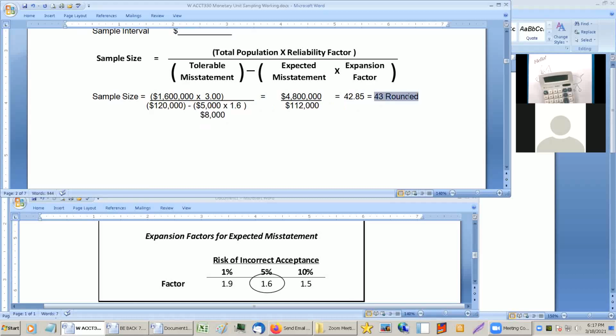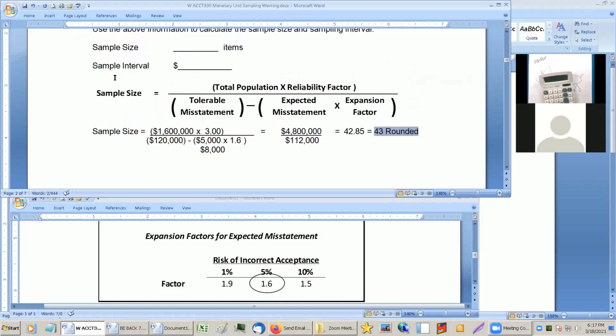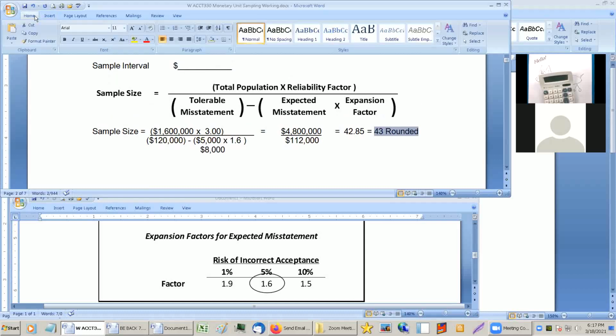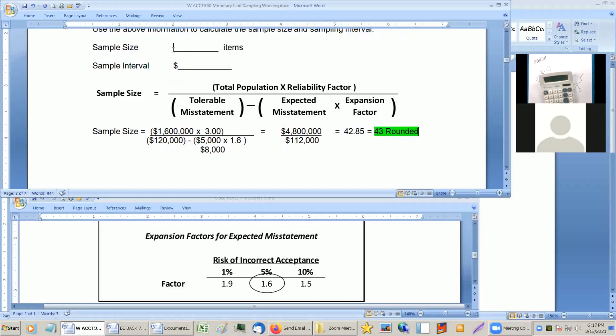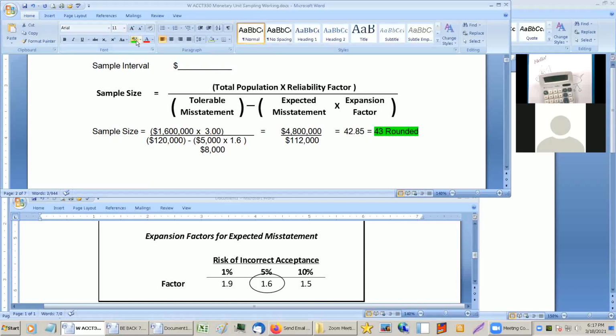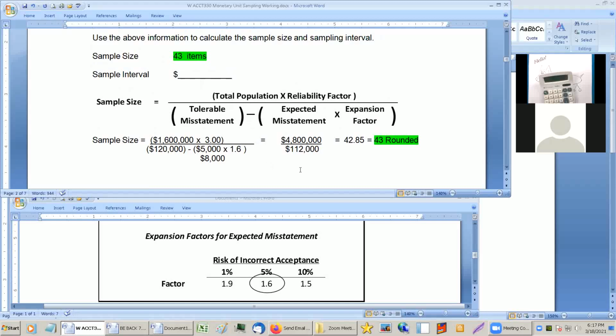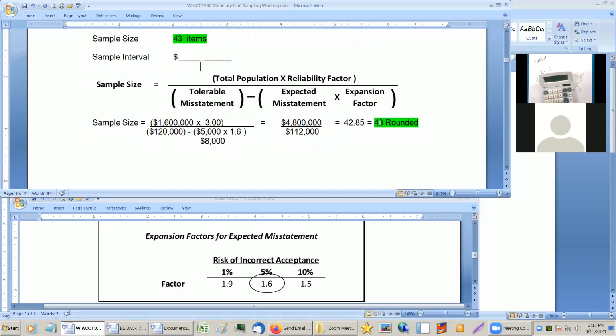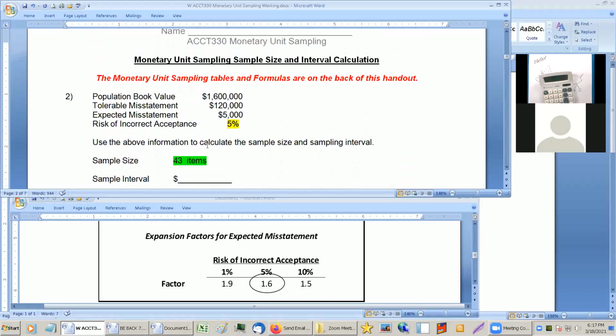So this is going to be the sample size. Now the interval is we're going to take 43 items, and we're going to test the population of 1.6 million.